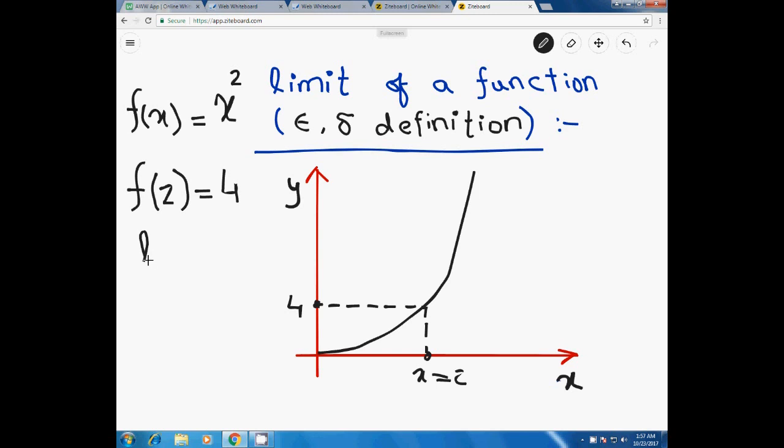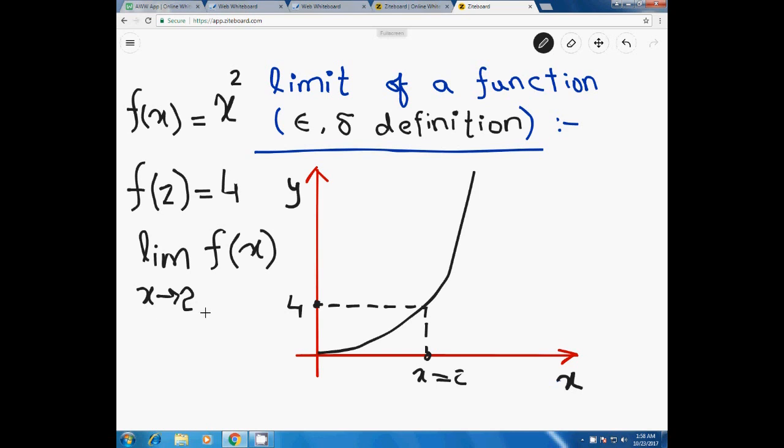By the limit as x approaches 2 of this function f of x, we mean that we will have to check the behavior of the function as the value of x comes close to x is equal to 2.